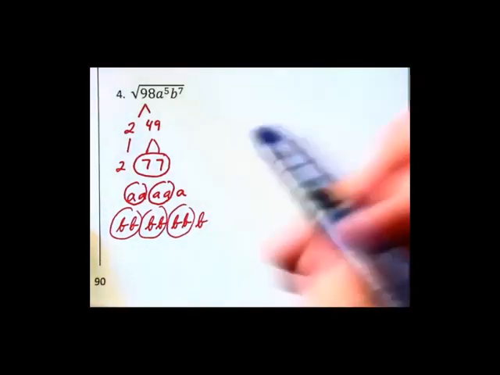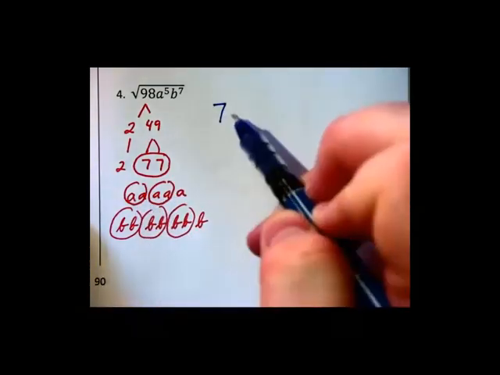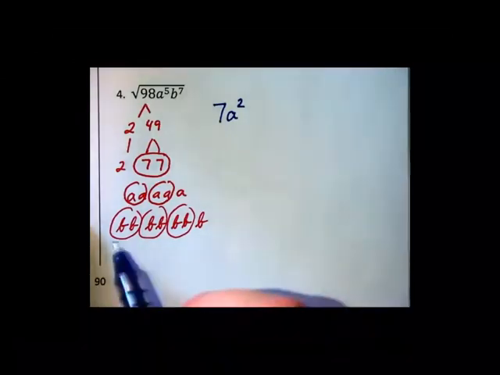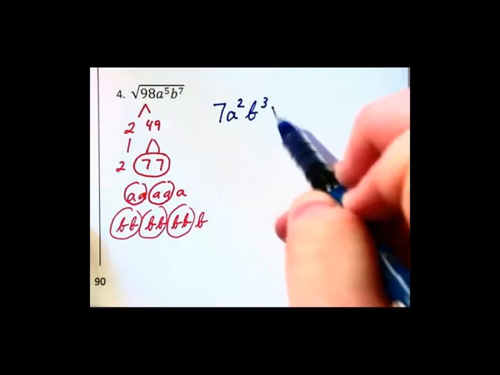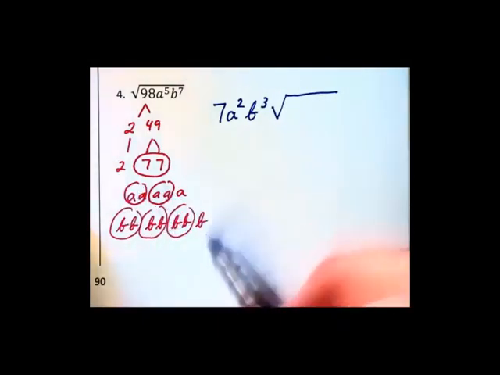So our answer here is going to be 7 coming out. We've got 2 A's coming out, so A squared. We've got 3 B's coming out, so we're going to have B to the 3rd. Then left over inside the square root, there's a 2, an A, and a B.